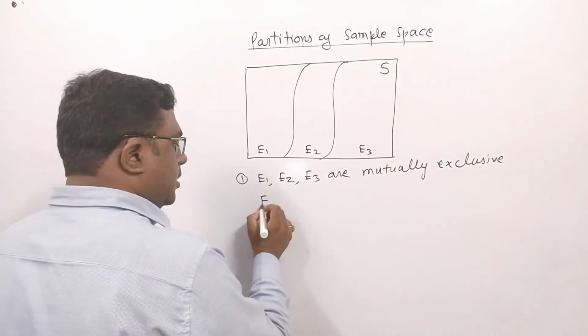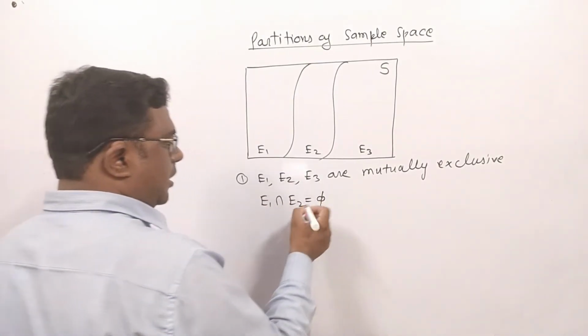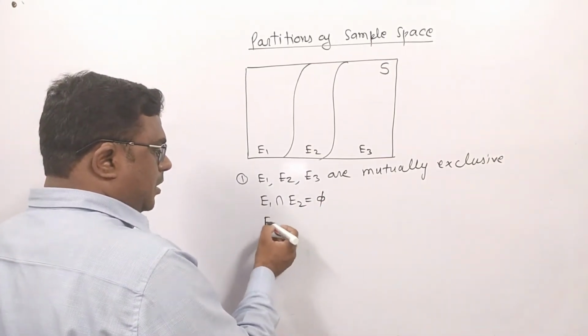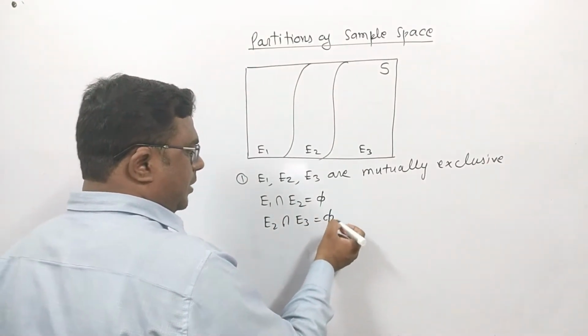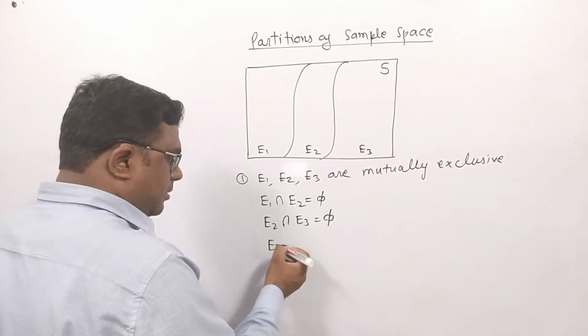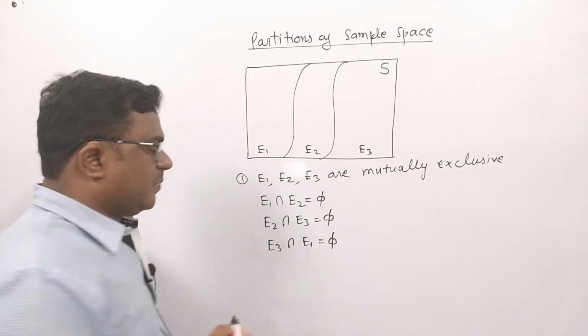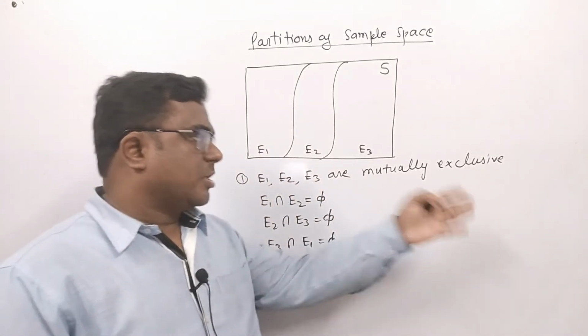It means E1 intersection E2 is phi, that is empty set or impossible event. E2 intersection E3 is also empty set, and E3 intersection E1 is also equal to phi. So if this is happening, then we say that E1, E2, E3 are mutually exclusive.